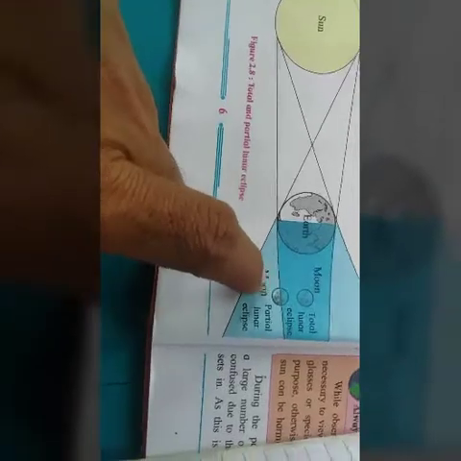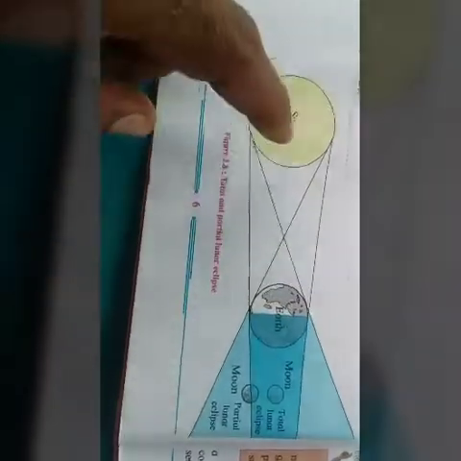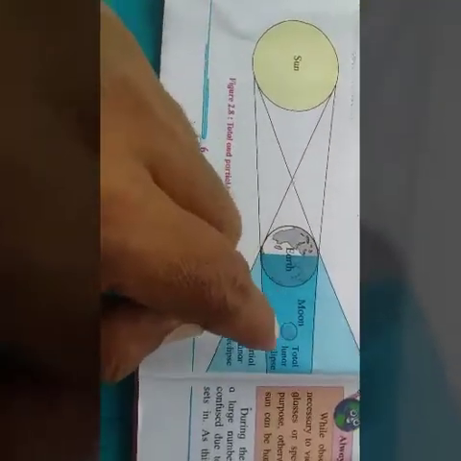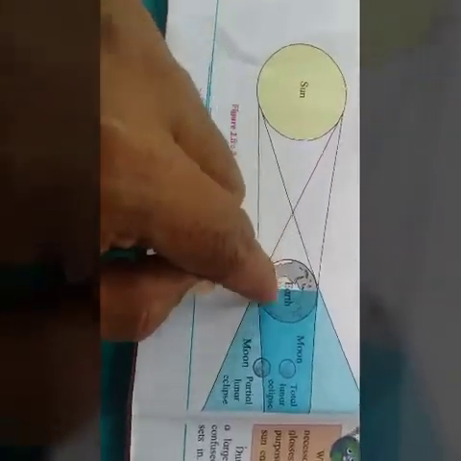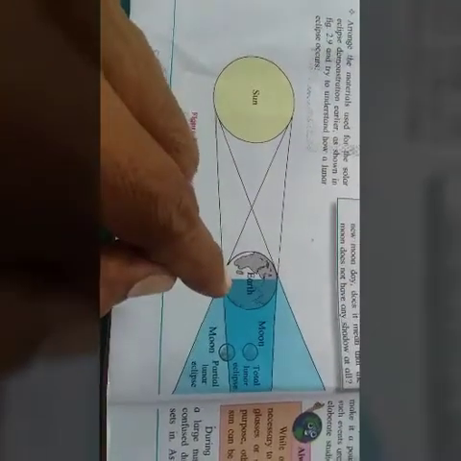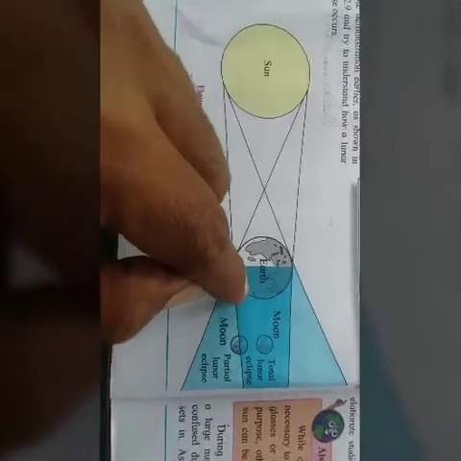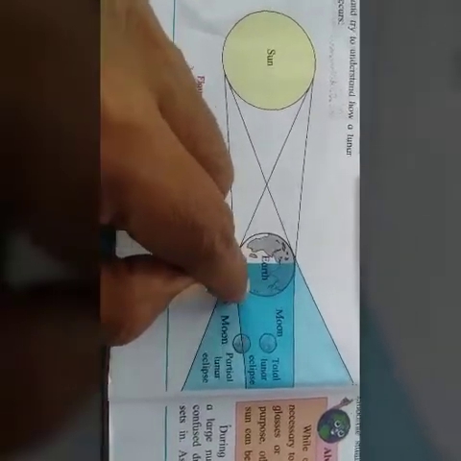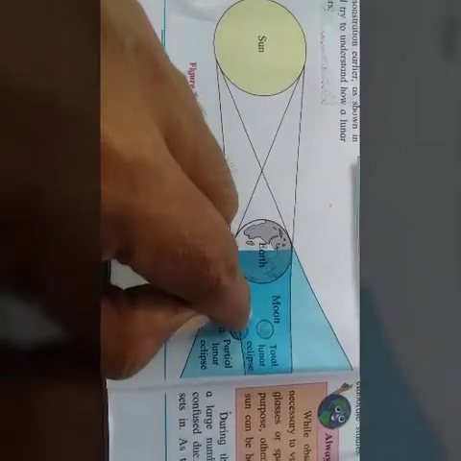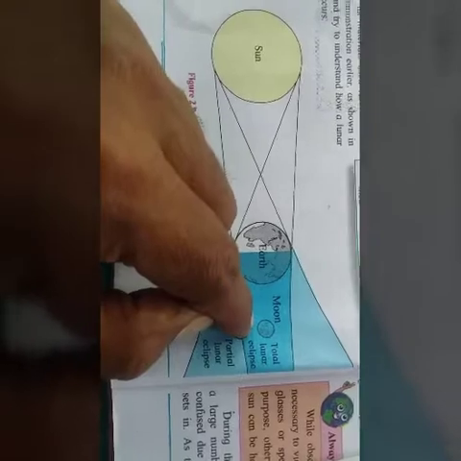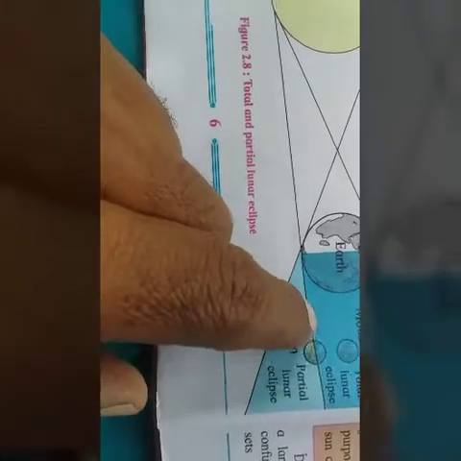Sometimes on a full moon day, a partial lunar eclipse occurs when the earth moves between the sun and the moon. But these three celestial bodies, the sun, the earth and the moon, do not form a straight line in space. When that happens, a small part of earth's shadow, a small part of earth's umbra, covers only part of the moon's surface.